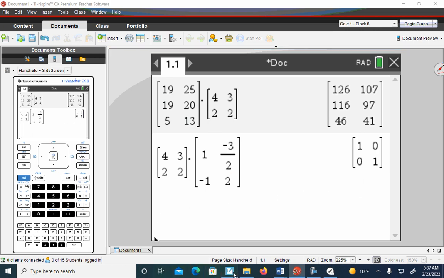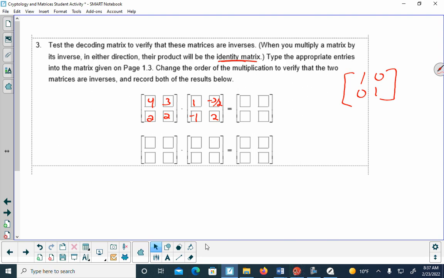Then the directions want me to do it in either direction, because remember the commutative property for multiplication does not exist in matrices. In other words, the order that I multiply a matrix in matters, but for inverses it should not.